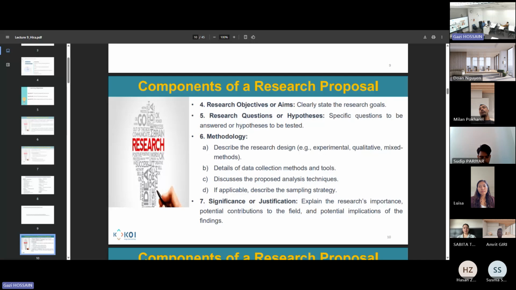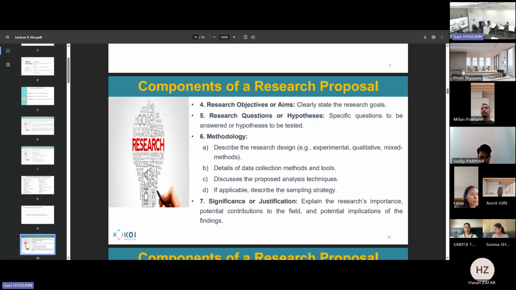And when we write a research question, we start with is, are, there, what, how, when, or why. For example, what is the relationship between HR practices and high employee turnover? This is a research question.